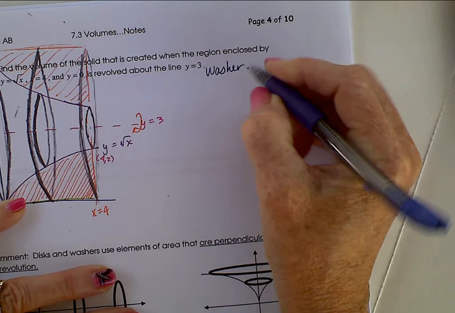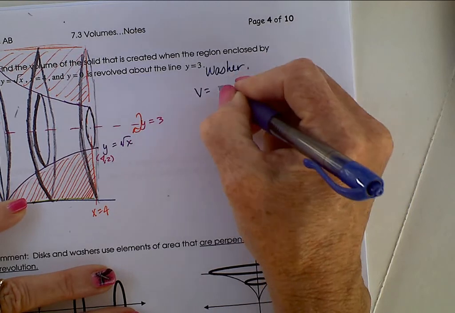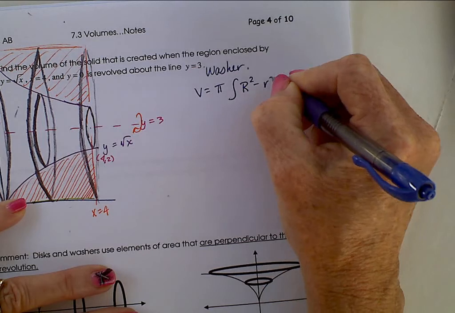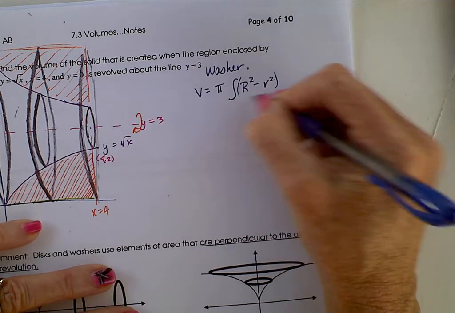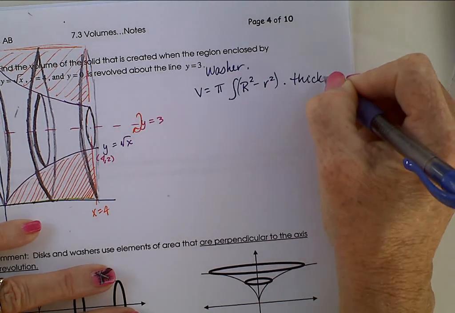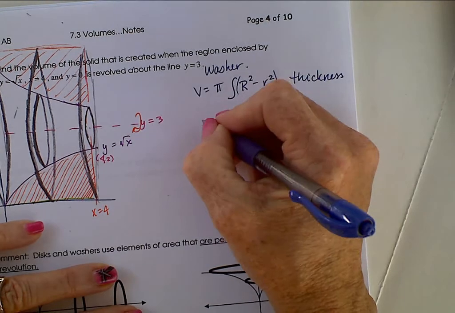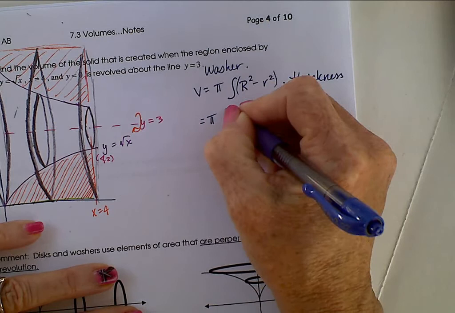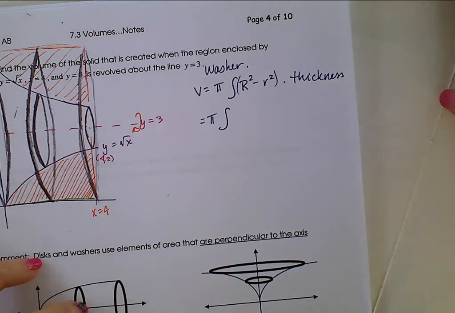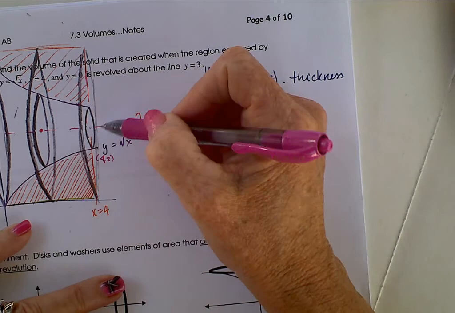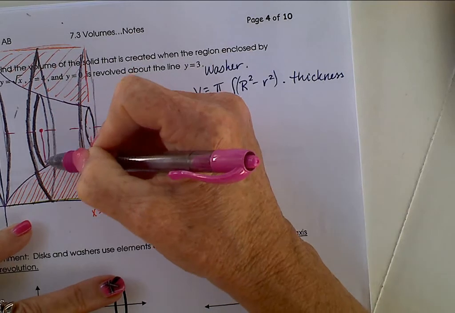So we are going to add up a bunch of pi times big R squared minus little r squared times thickness. And the big radius goes from the axis of revolution up here at y equals 3 all the way out to this outer edge out here.